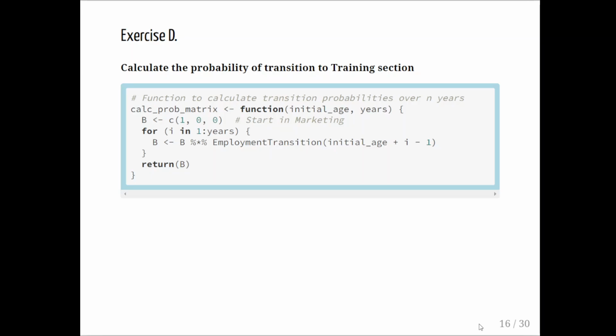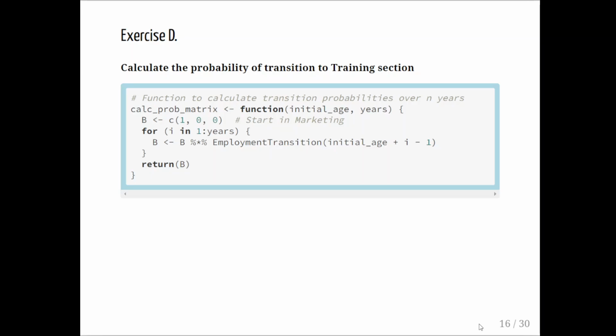So calc underscore prob underscore matrix. The function takes the initial age and then the number of years. We're told in exercise D that there are two cases: a 30-year-old and where they will be in 3 years' time, and a 40-year-old and where they'll be in 5 years' time.